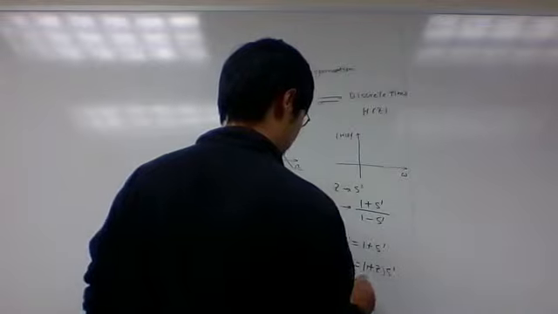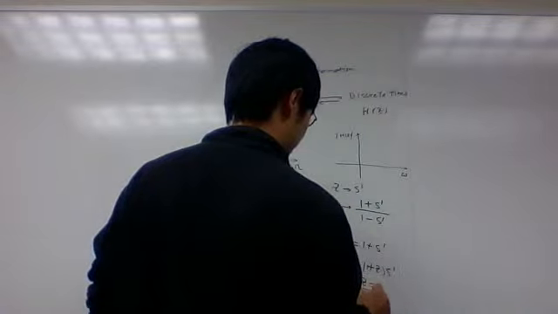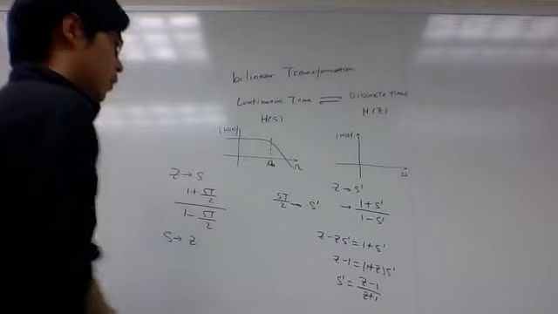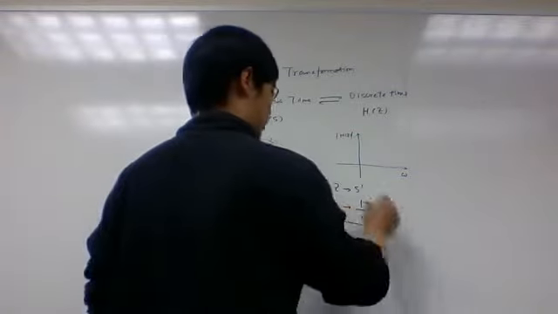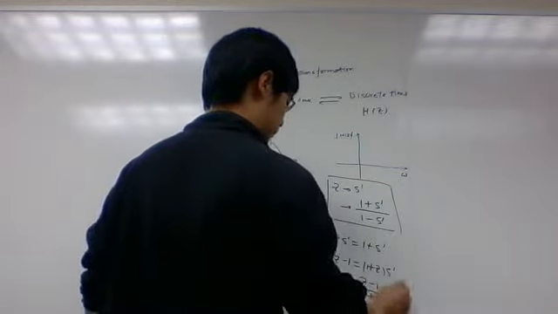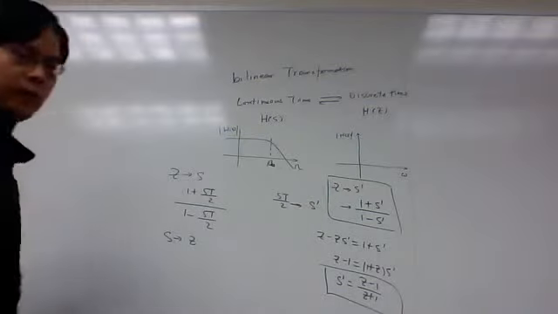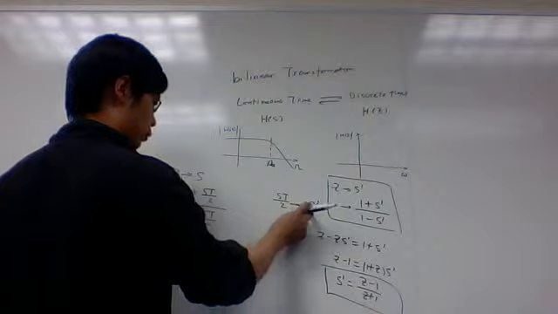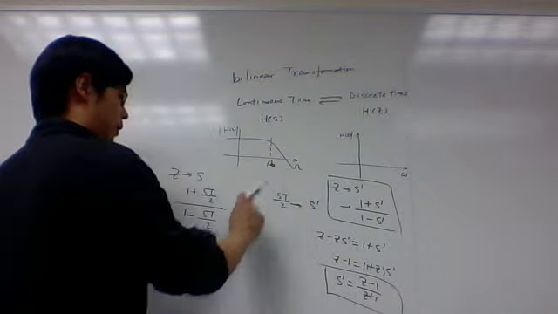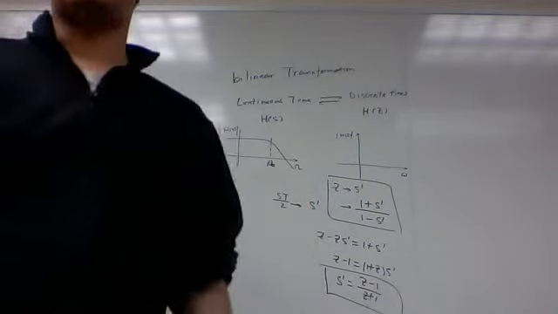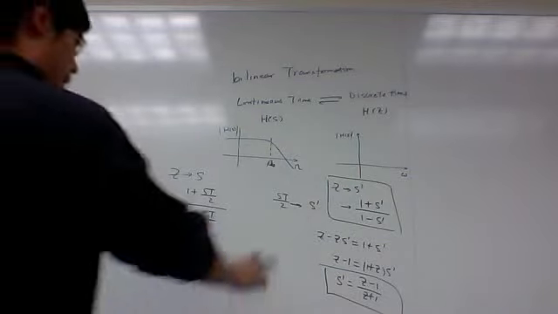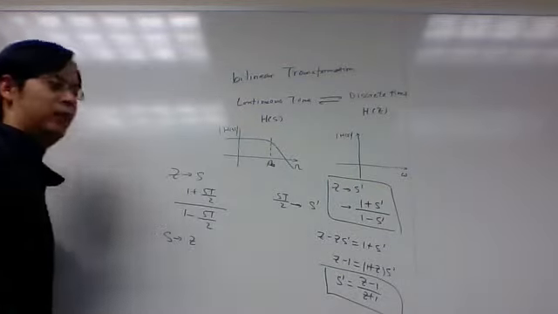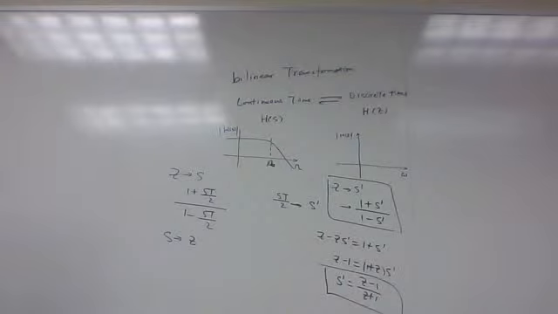So s prime is equal to z minus 1 divided by z plus 1. That's the two translation equations, so if you know one, you can figure out the other. The only thing noticeable here is we introduce s prime, which is defined by s multiplied by half of T. We just scale everything of s by T over 2, and T is your sampling period, which you should know.